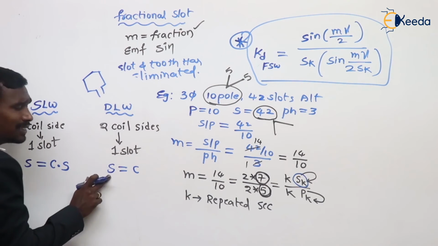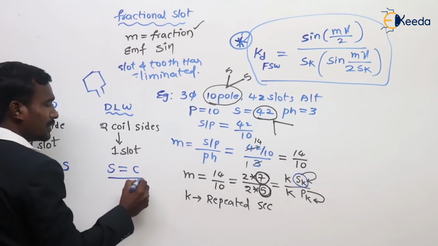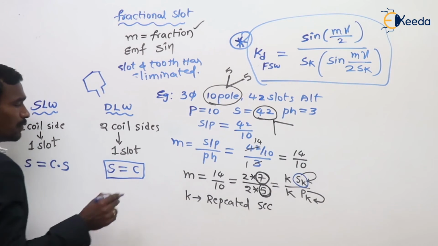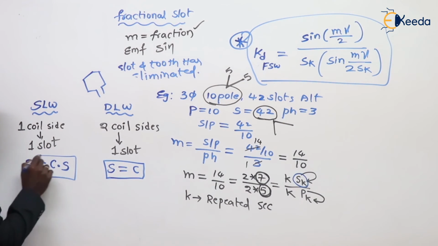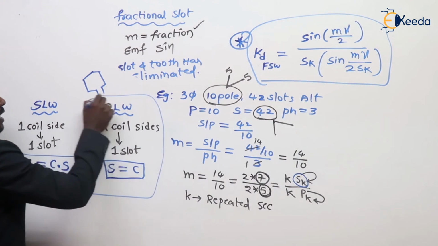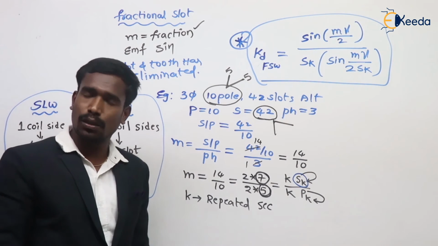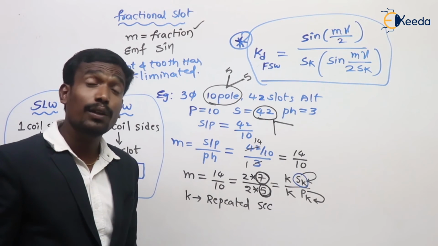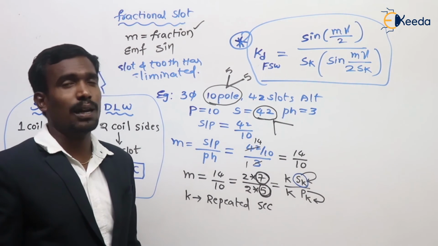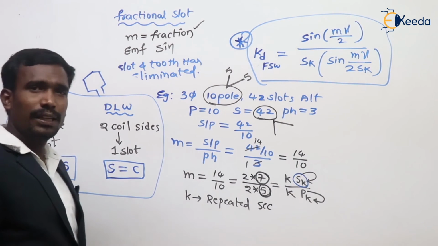Here in one slot we are placing two coil sides. This is very important, and generally double layer winding is more preferable comparatively. This is about single layer winding and double layer winding.